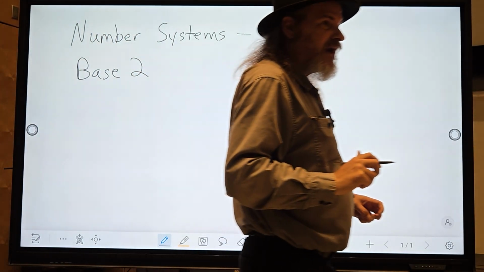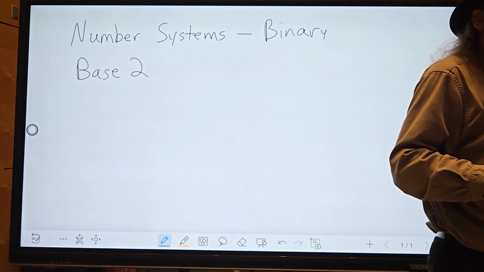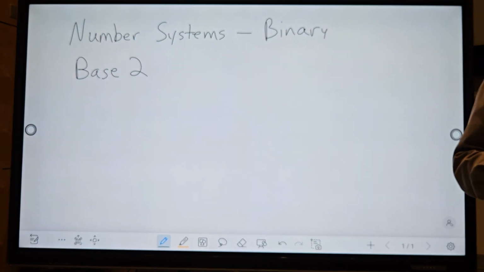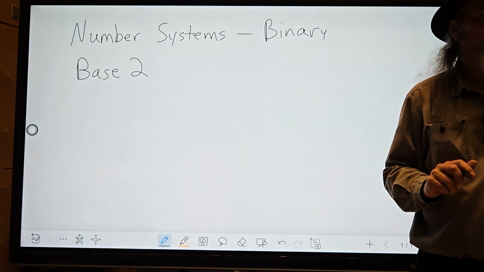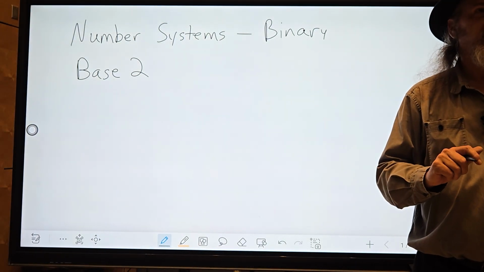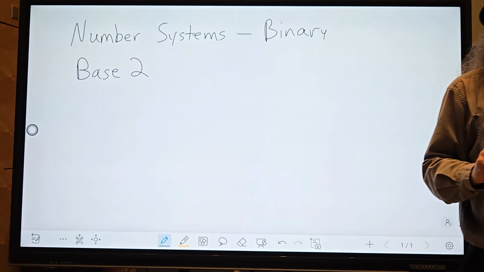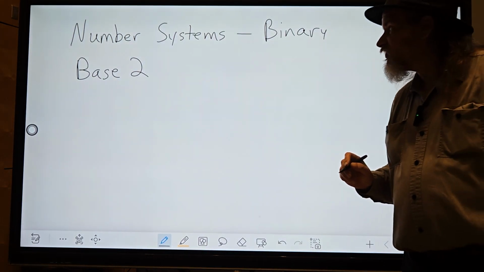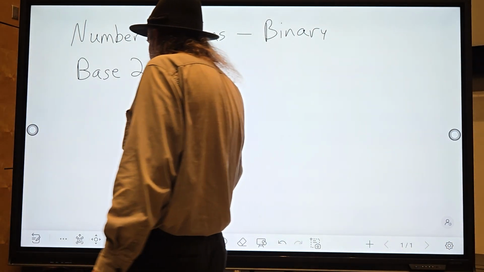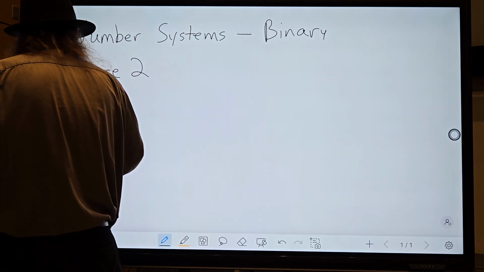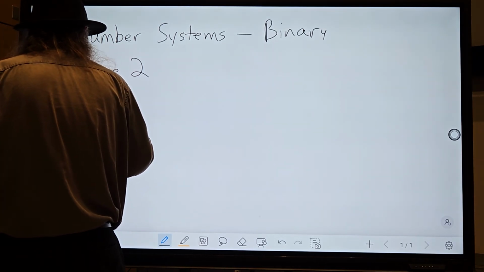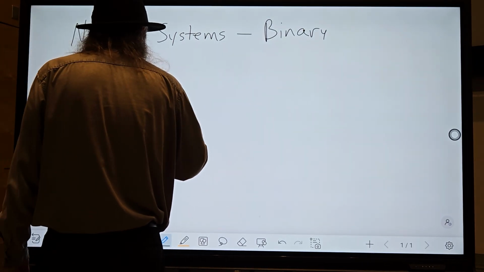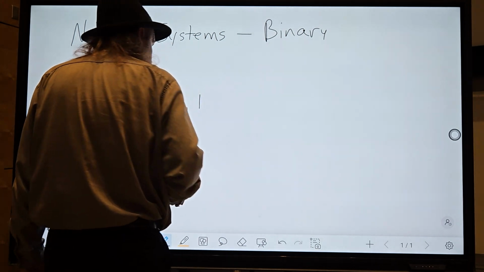Now, from last class, we learned that the number of the base is the number of symbols that you can use to represent numbers. So base 2 has 2 symbols: zero and 1.